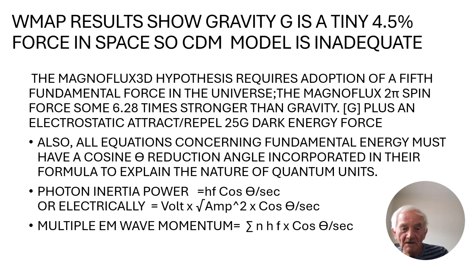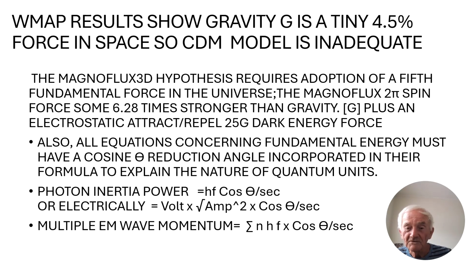So the WMAP result shows gravity G is only a tiny 4.5% force in space, so the CDM model is inadequate. The MAGNOFLUX 3D hypothesis requires adoption of a fifth fundamental force in the universe.